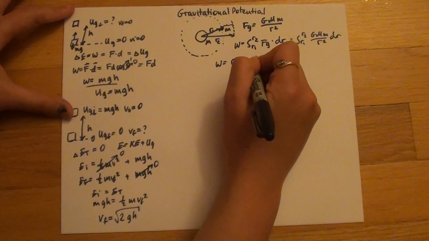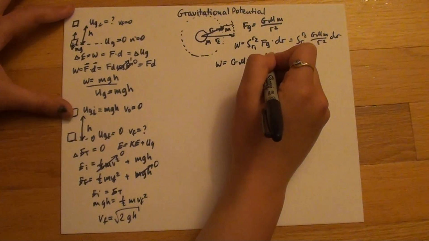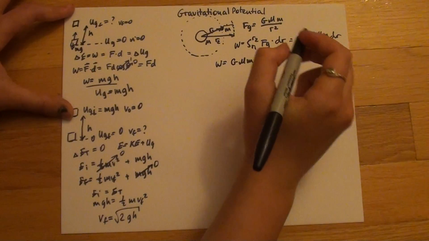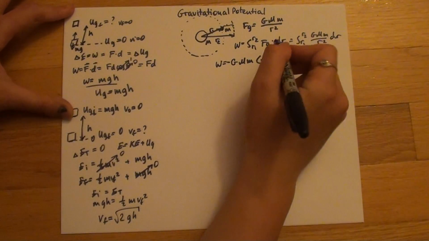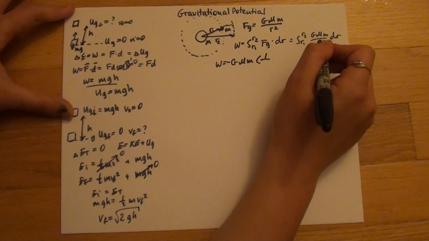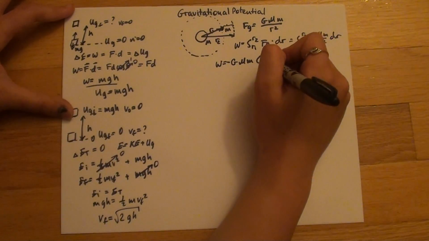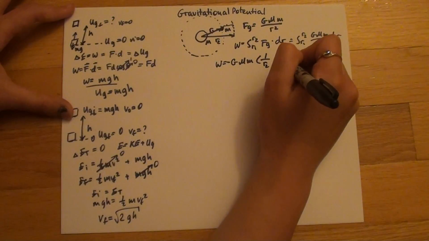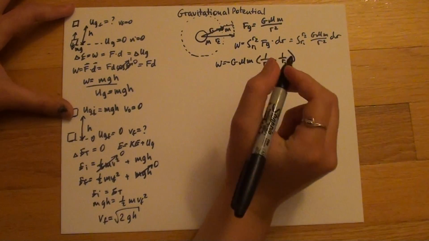the constant times the masses over, oh, negative, right? Negative, because this is R2, so it would be times negative 1 over R2 minus 1 over R1, right?